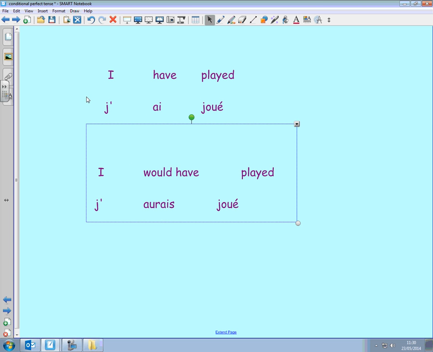And so if you know how to form the perfect tense, then the conditional perfect is incredibly simple. So all you have to do, instead of saying I have played, you simply say I would have played. So the avoir goes into the conditional tense, the auxiliary verb as we call it. The past participle stays exactly the same.